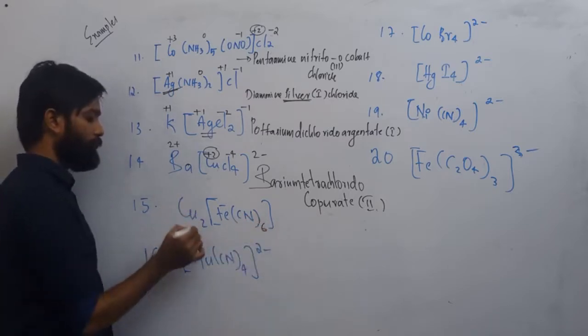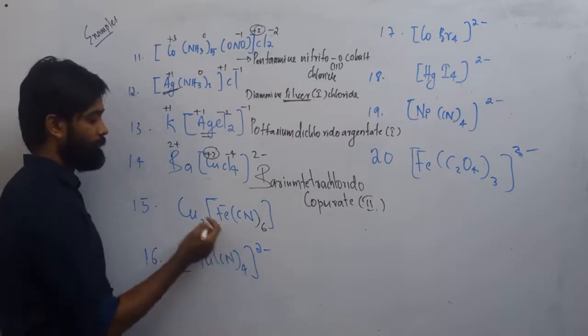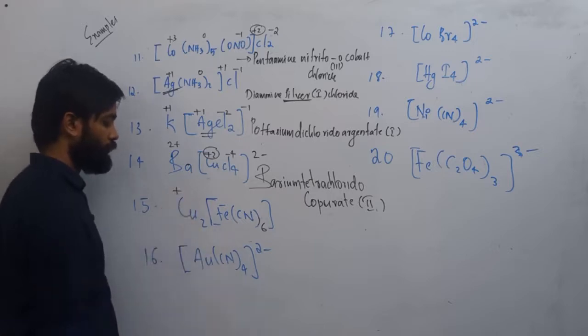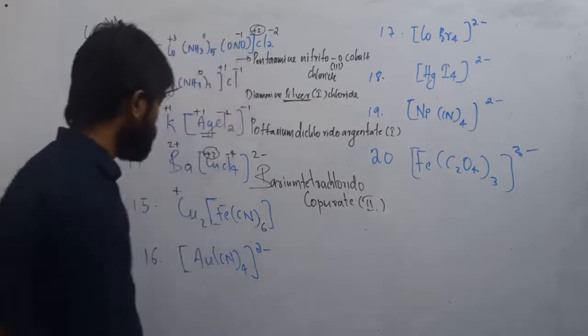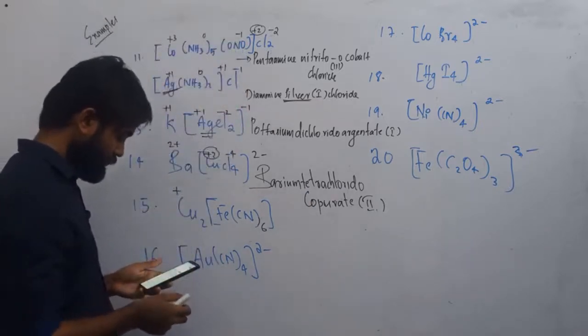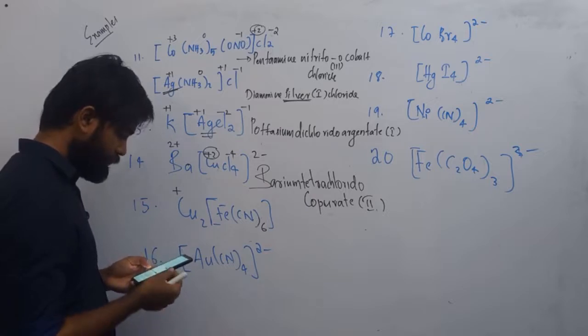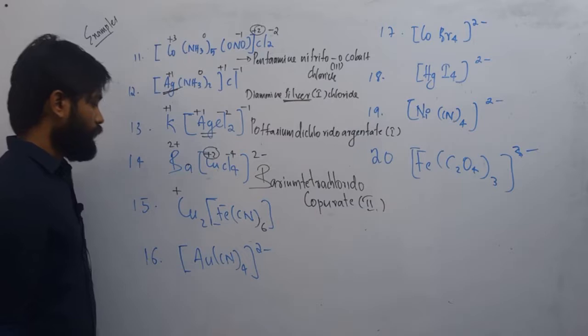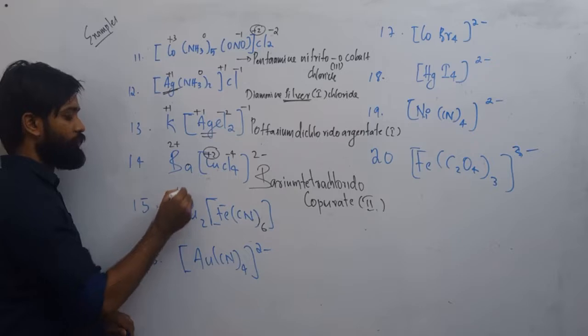Okay. Counter ion copper. We don't know the charge of Cu2 plus, and we know, wait, check whether that is copper or calcium. Okay, this is copper. But the oxidation state is +1.